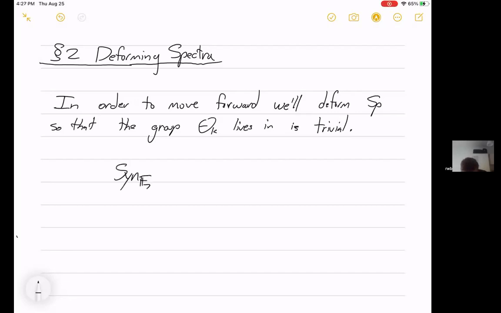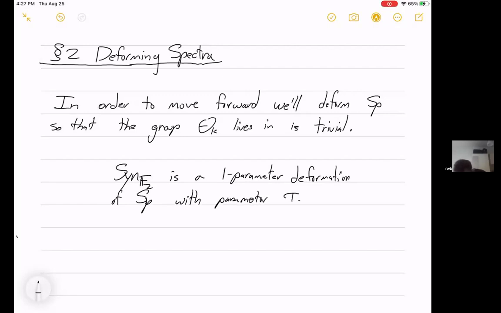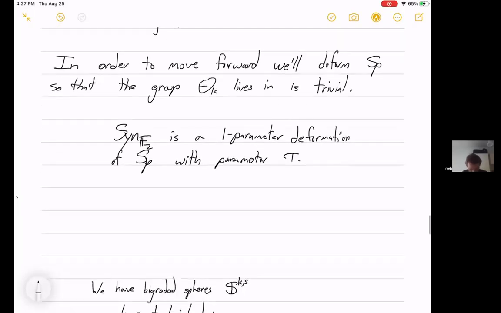So synthetic spectra over F2, as introduced by Piotr Pstrągowski, is a one-parameter deformation of the category of spectra, with parameter tau. Okay, and let me just draw the fundamental diagram here.